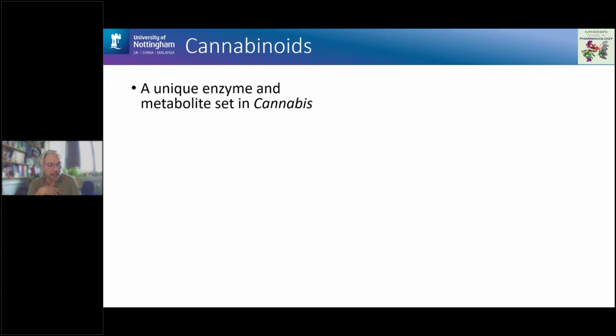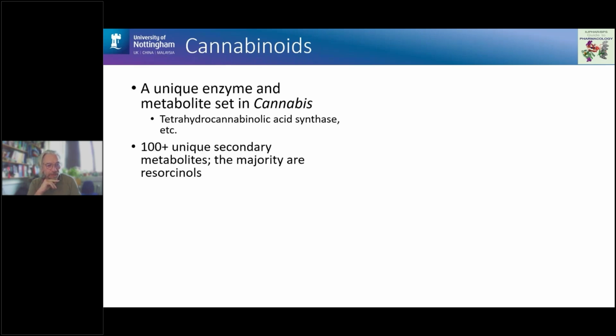So one of the things that I think is really interesting about working with natural products is how good they are in terms of diversification. So the cannabis plant is apparently unique in producing this metabolite set based on having particular enzymes that it's able to exploit. One of them that appears to be unique to cannabis is THCA synthase, tetrahydrocannabinolic acid synthase.